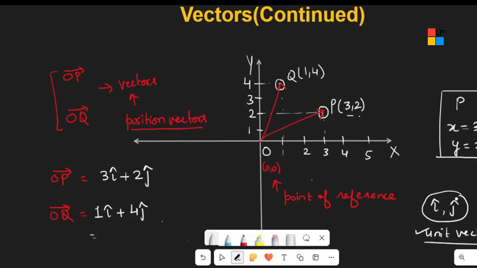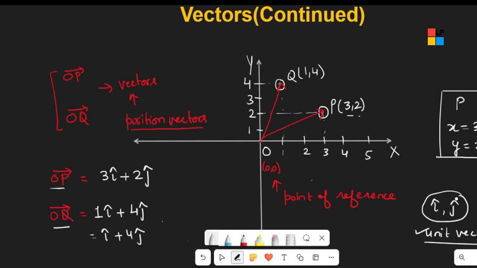So I can write simply 1 into i cap is simply i cap plus 4j cap. So these are the position vectors: OP is 3i cap plus 2j cap, and OQ is i cap plus 4j cap.